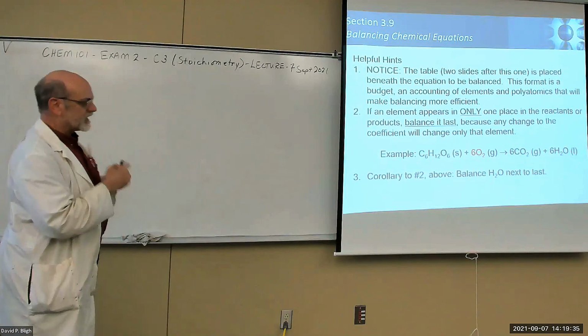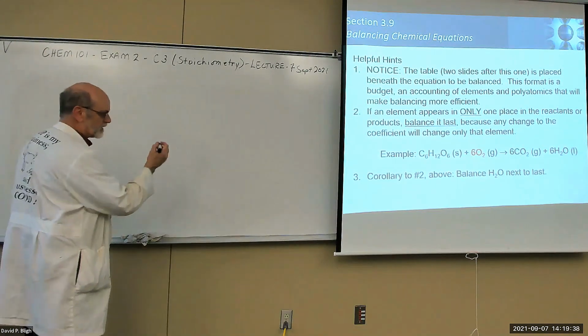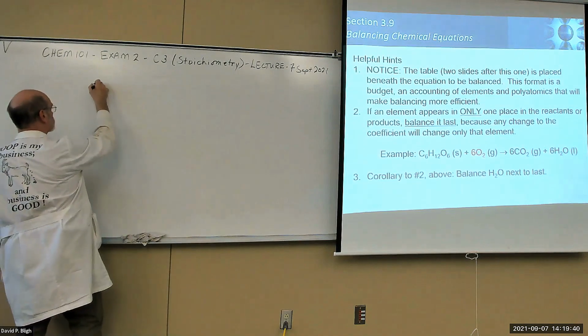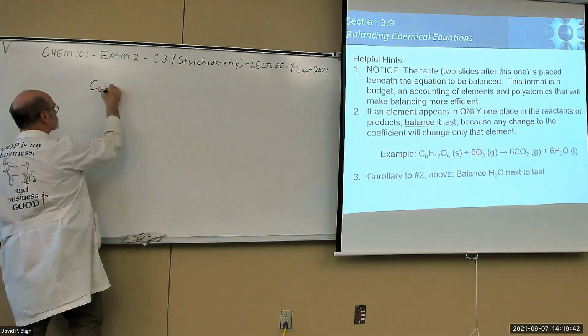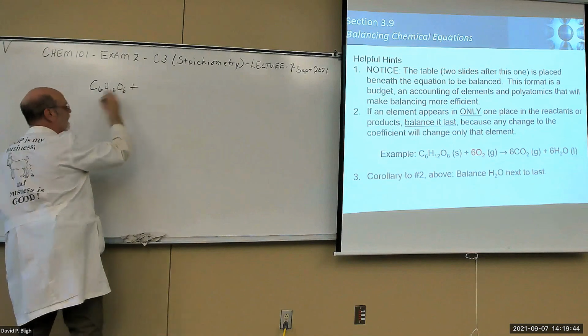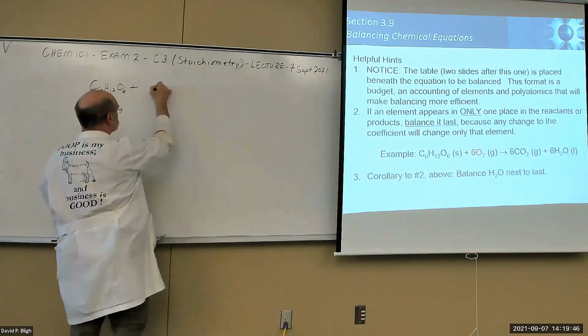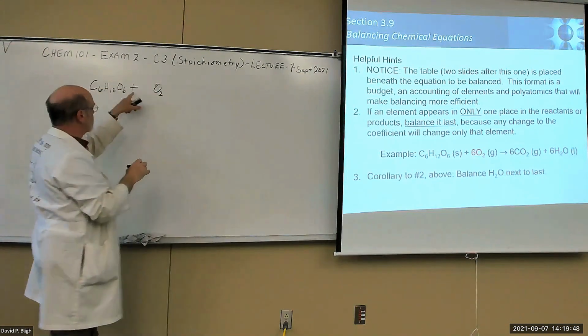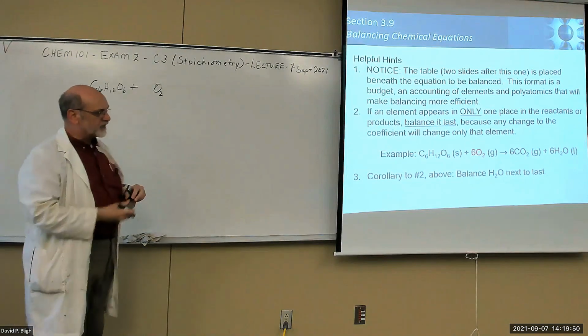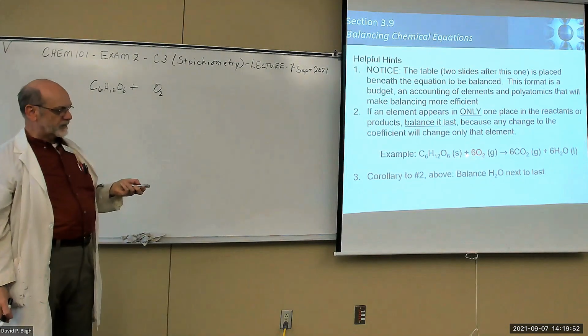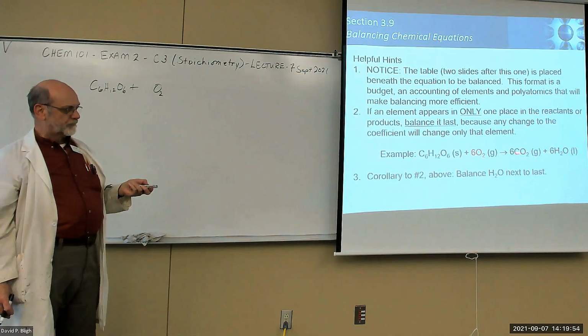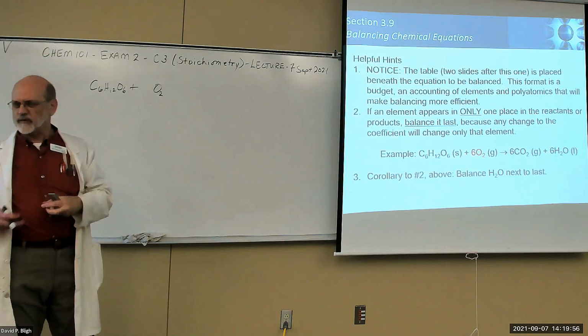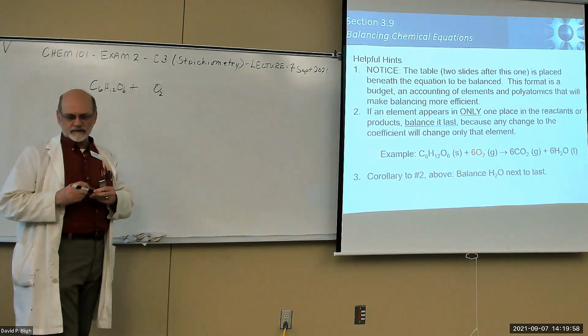Okay, so let's take this one and use a budget method to balance. So we have glucose, C6H12O6 plus oxygen. Notice I left some space here. I'm not going to put the phases here. Sometimes those are important for balancing, but in this case, they're not.